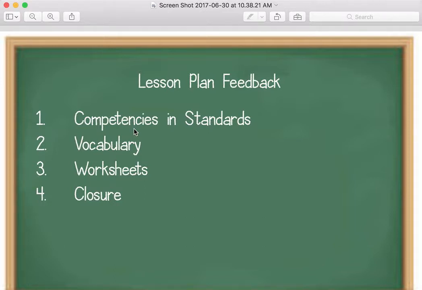So it's not enough to list the vocabulary in the vocabulary area of the lesson plan. You must additionally, in the procedure, tell how they're going to figure out or explicitly be taught what those words mean. That's something you must do.